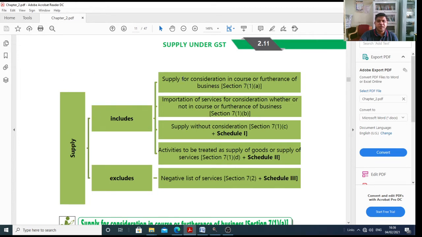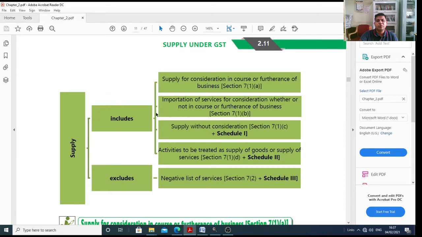Supply includes supply for consideration in the course or furtherance of the business, importation of services for consideration whether or not in the course or furtherance of the business, supply without consideration, activities to be treated as supply of goods or supply of services, and the negative list of supply. The first four things are included as supply, while the negative list is excluded from supply.